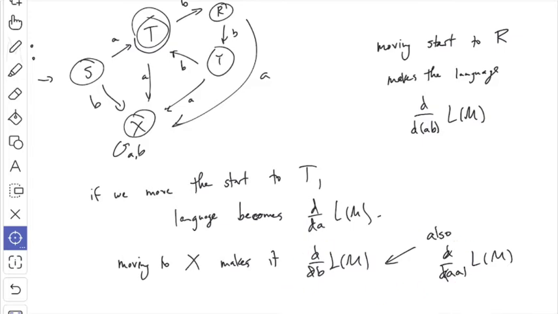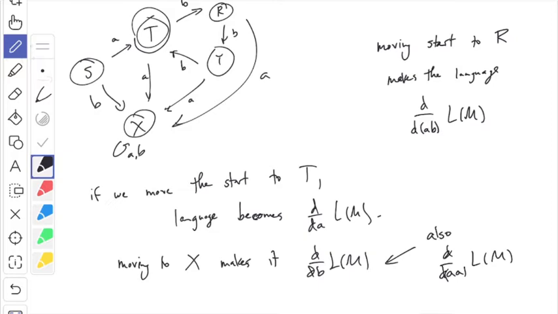In this particular example, you will see both are the empty set. This one is empty because none of the accepted strings begin with B. This one is empty because none of the accepted strings begin with AA.